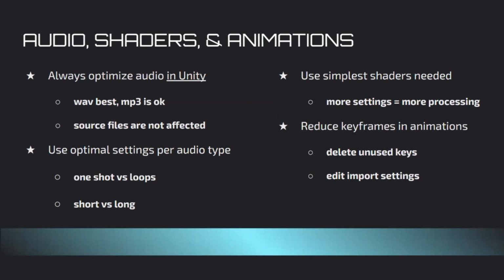Audio, shaders, and animations I group together because I have less specific directions about them. Like textures, always optimize your audio in Unity. And there are specific settings for each. I have asked Claude to help me with this, and it's really useful because you can have it tell you, like, this is a one-shot audio that's only going to play halfway through the experience.